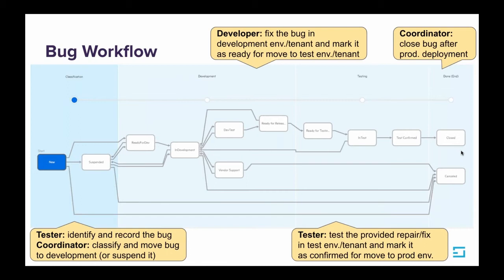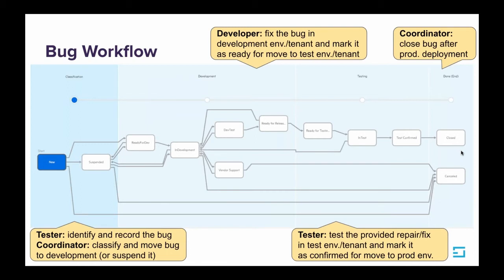He prepares the repair and deployment steps, and says, okay, it's done. Then the coordinator decides that, okay, we have some repairs in the ready for release phase, and says on this date we will deploy these hotfixes or bug repairs to the SIT environment.